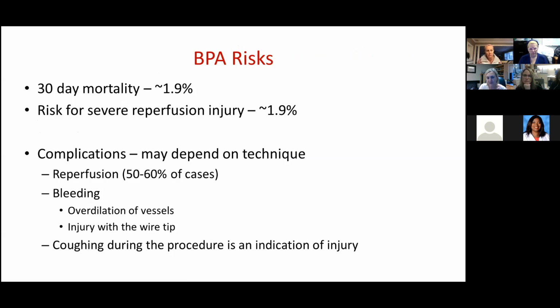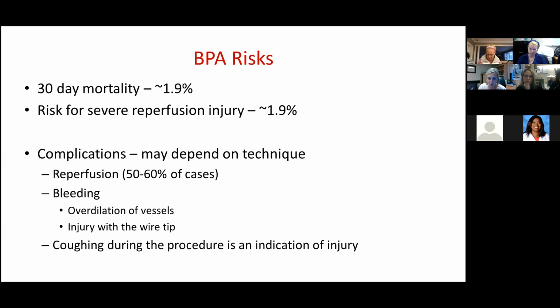The reason for that, again, is that they use the approach that I described rather than going and dilating a vessel right away pretty quickly. Again, complications usually depend on technique. Reperfusion injury has been reported in about 50 to 60% of cases. We have not had any reperfusion injury with our BPA cases so far.